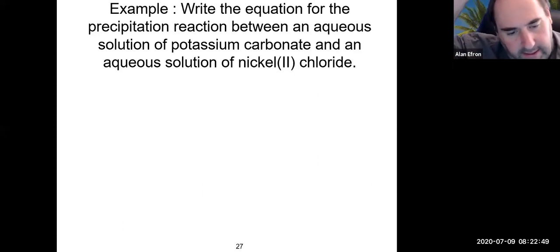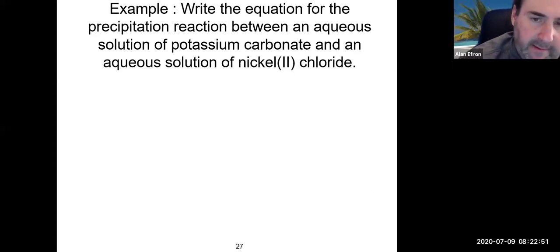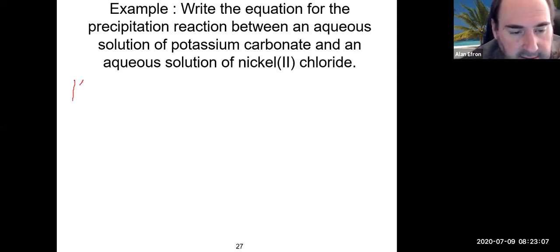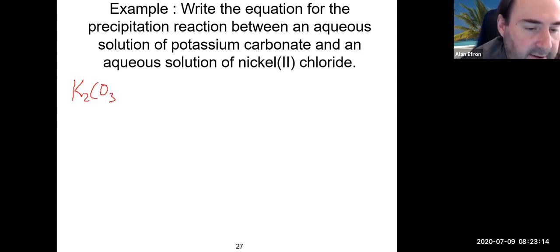Okay, so let's take a look here. Remember, if you have everything in words, you do want to make sure you start with the right formulas to begin with. So we are writing the equation for the precipitation between potassium carbonate and nickel 2 chloride. Remember that potassium is K plus, carbonate is CO3 2 minus. So we should have K2CO3.